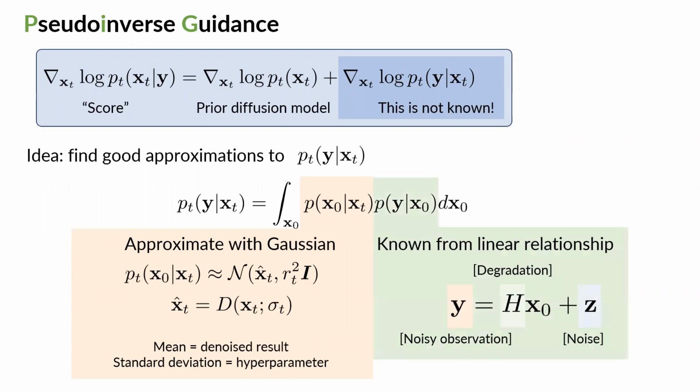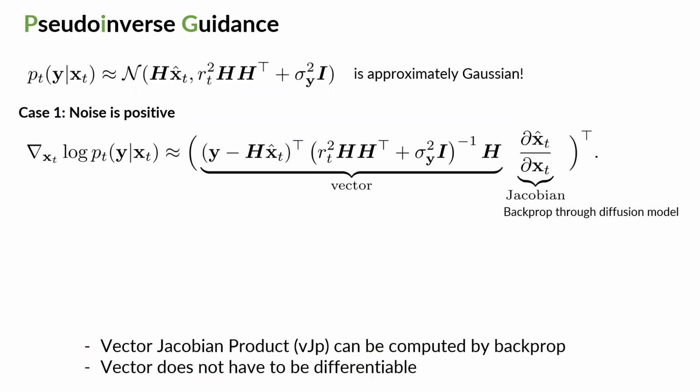And the second term, if you think about the earlier linear inverse problems, is also a Gaussian distribution, from this linear relationship, y equals Hx plus some amount of noise. So inside this integral, both terms are Gaussian. So you can come up with this Gaussian approximation for p_t(y given xt).